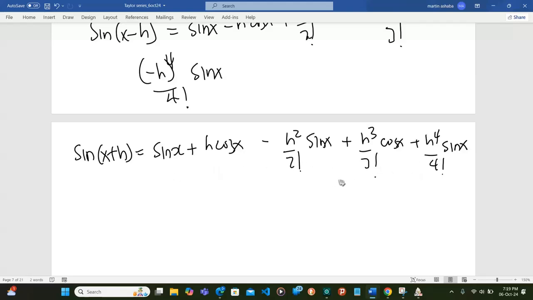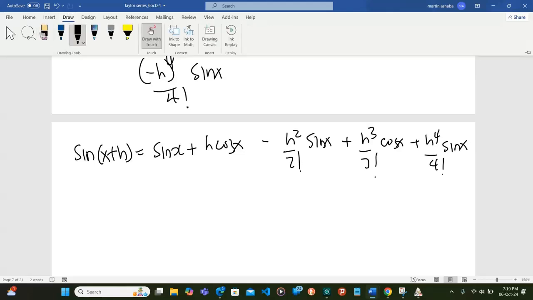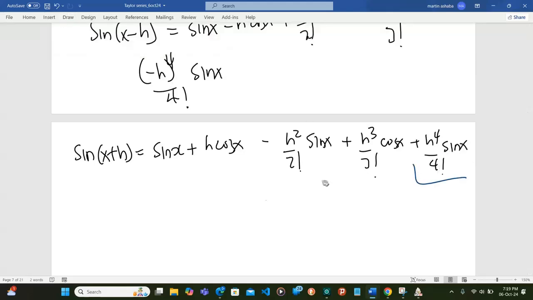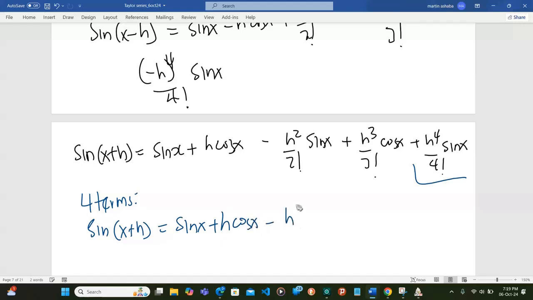Since they wanted only up to the fourth term, we are going to strike this off, so that for 4 terms we have sine of x plus h equal to sine x plus h cos x minus h squared out of 2 sine x, then plus h cubed out of 6 cos x.